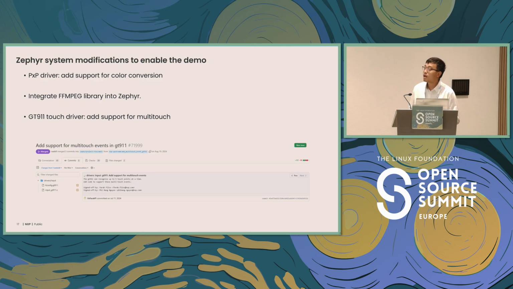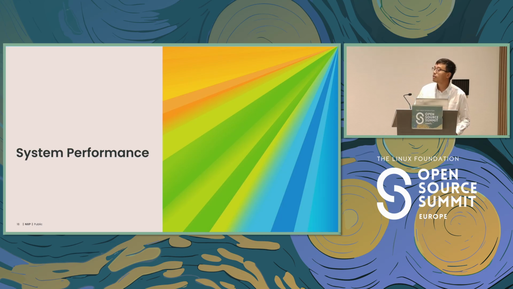It's quite easy, we need to modify some CMake files. And finally, we added multi-touch support for the ZT911 touch driver. This gives us multi-touch capability for this driver. And now I will show you a little about our system performance.